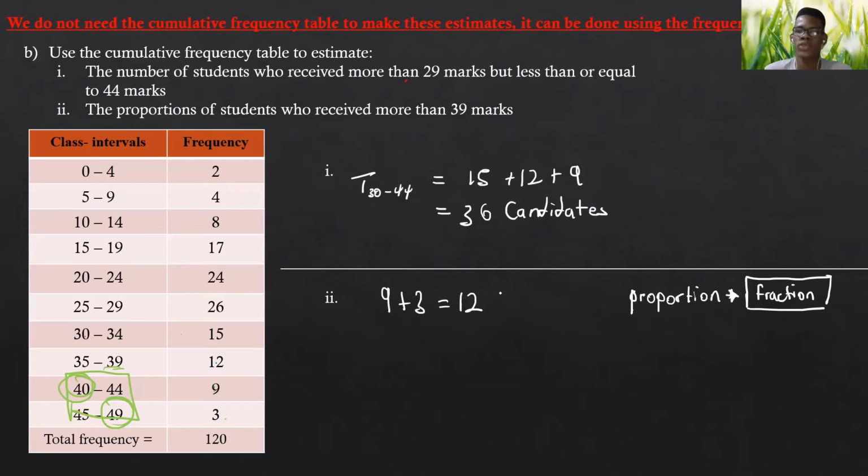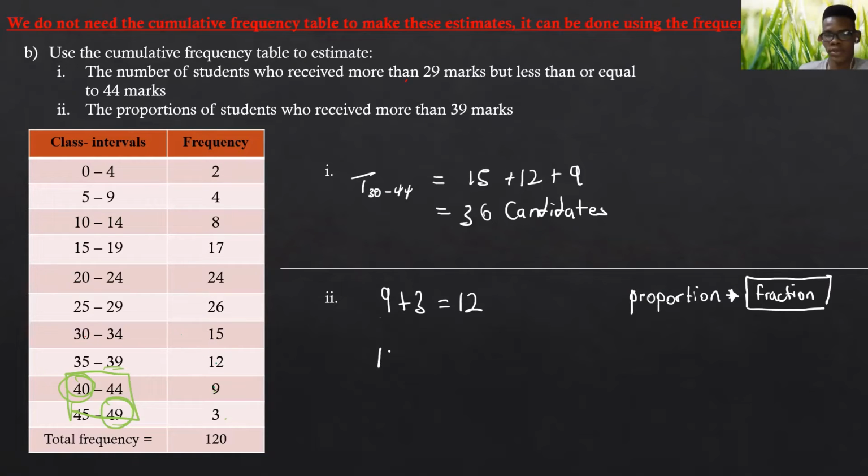So 12 candidates got more than 39. I keep saying students, but the candidates are probably students, not necessarily though. But I want to know the fraction of students that got more than 39, not how much, but in terms of a proportion or a fraction.